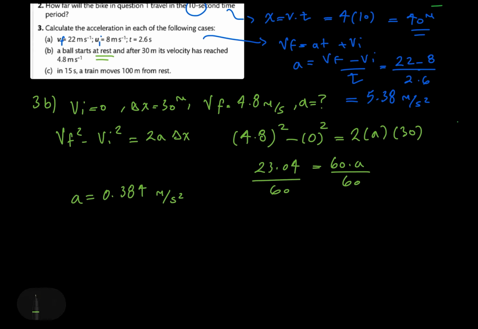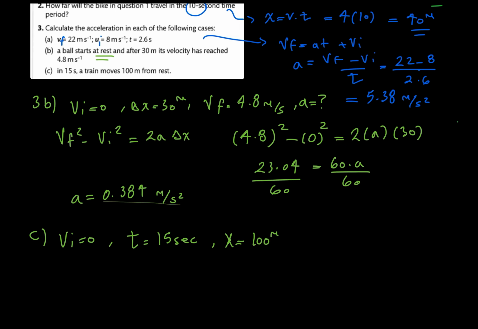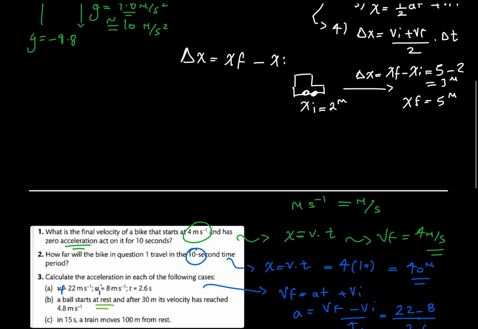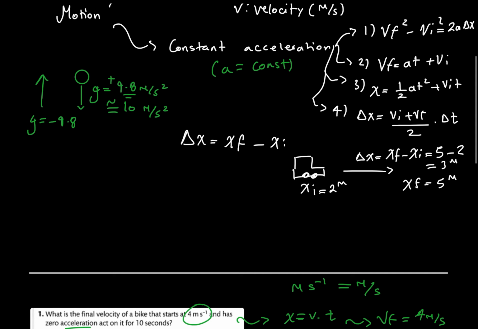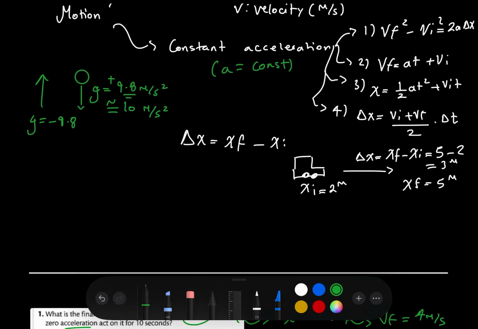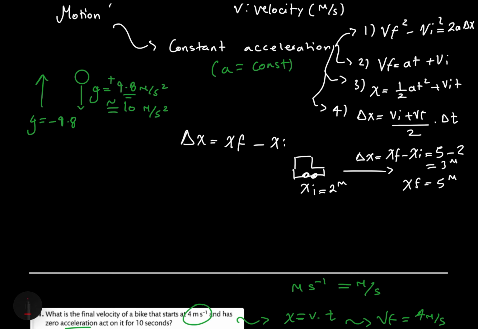Number 3C, it says a train moves 100 meters from rest. Again, we know the initial velocity is 0, in a time of 15 seconds, and it moves 100 meters. So we know the displacement is 100 meters. If we go back to the original four formulas for constant acceleration, we cannot use 1 because we don't have final velocity, so that's off the hook.